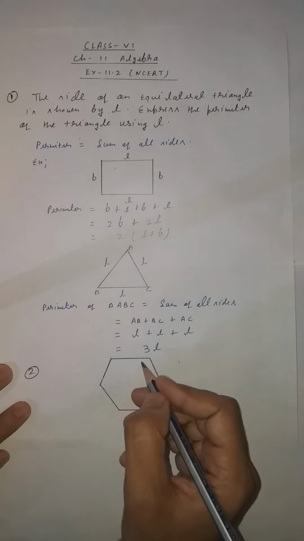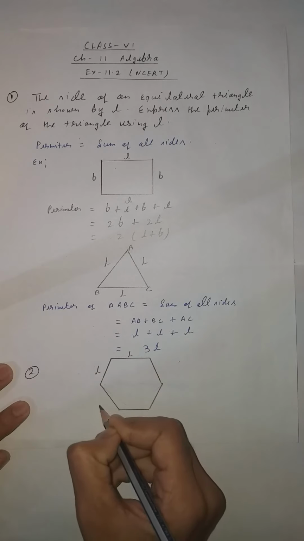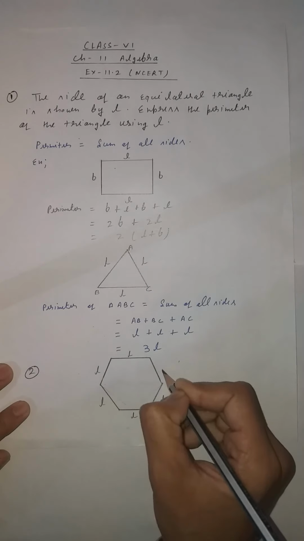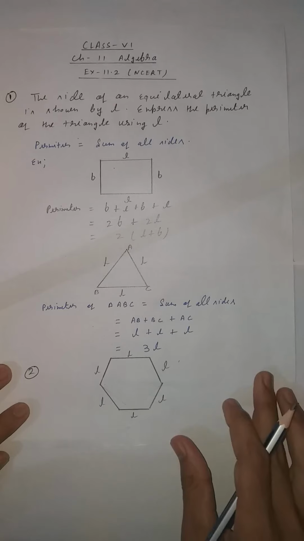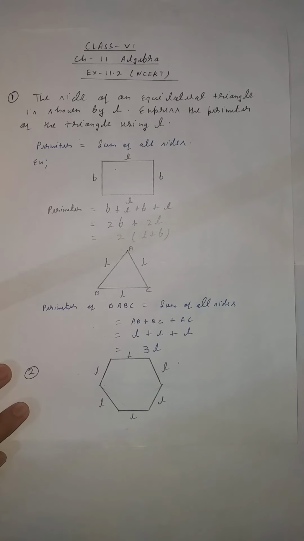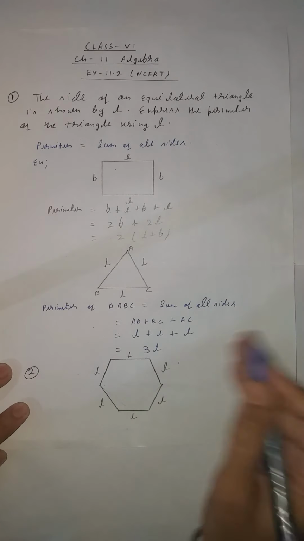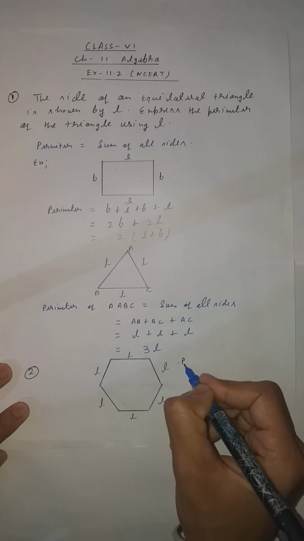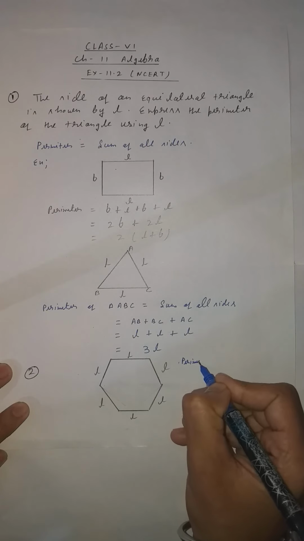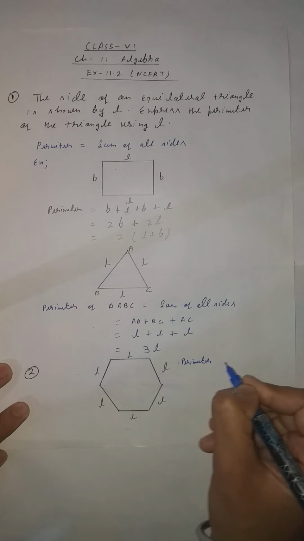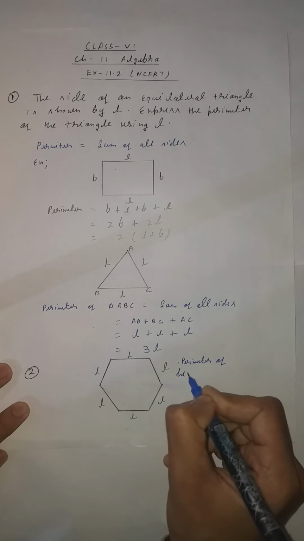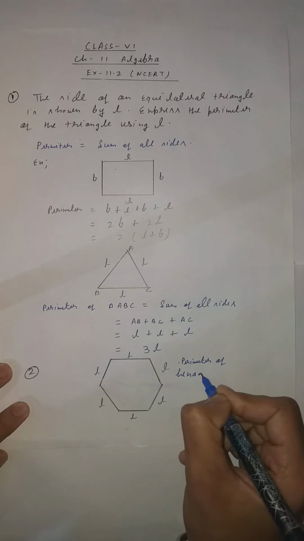Now what is given? This is L, L, L, L, L and L. All are of length L. Now you have to find out the perimeter of the hexagon. Hexa means we are having 6 sides.